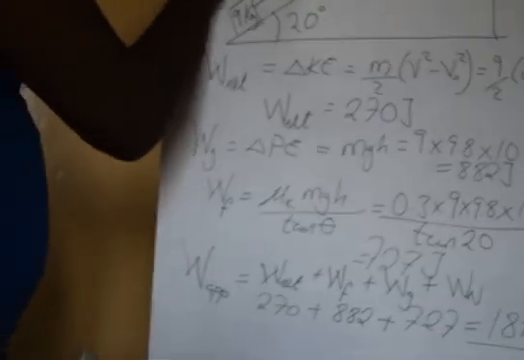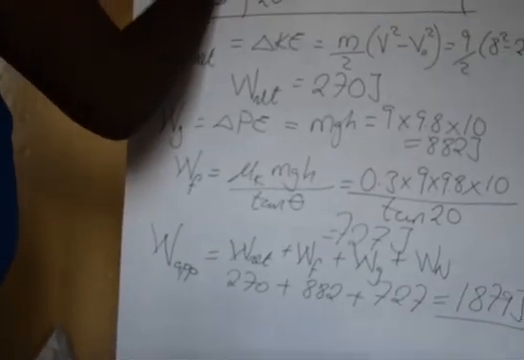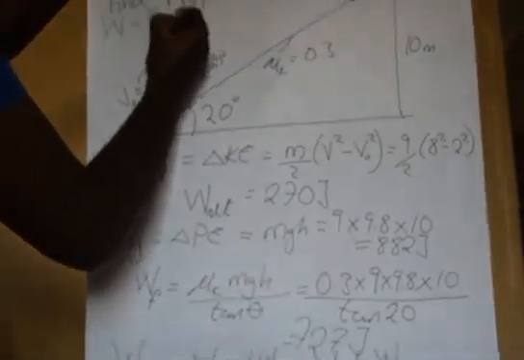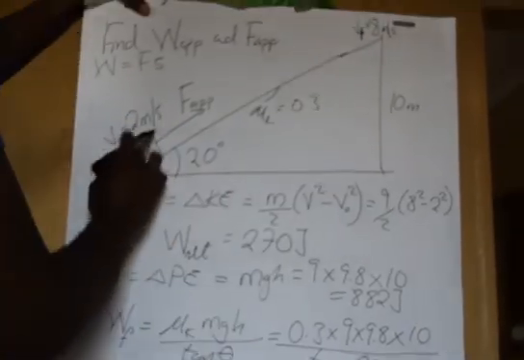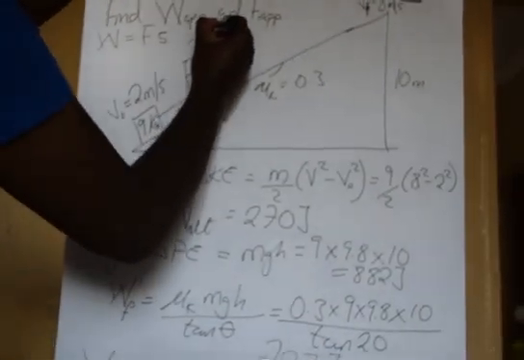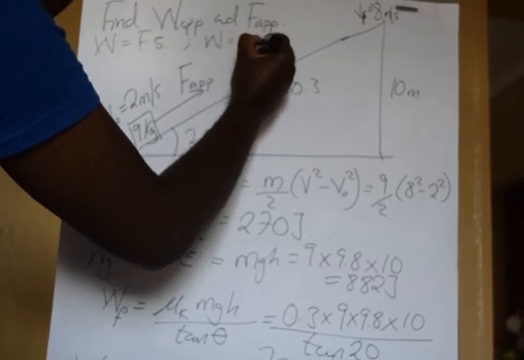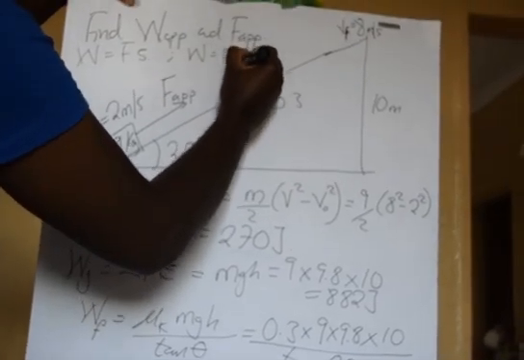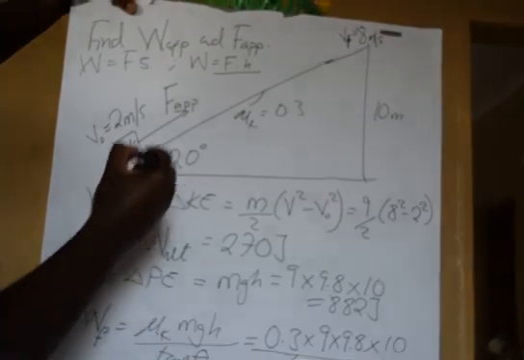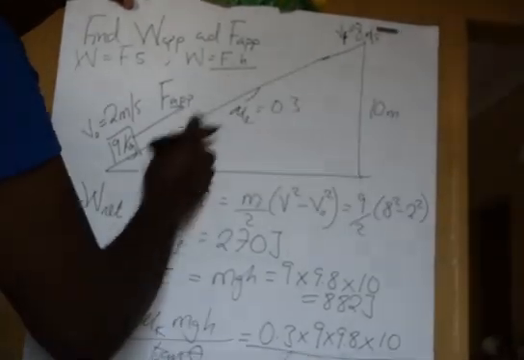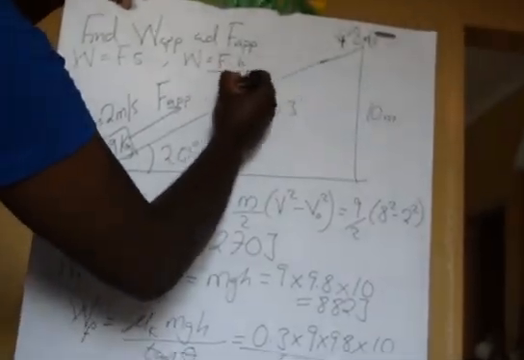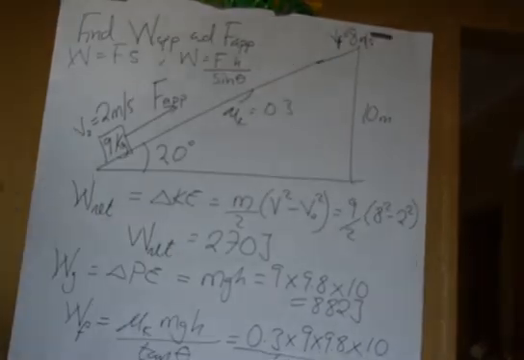Then the force applied, because work, if you remember, is force times distance. The S here is the distance, so it's the same as saying work equals F times H over sine theta. Why over sine theta?